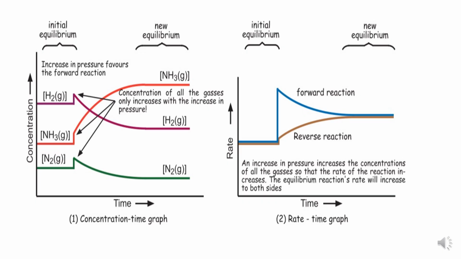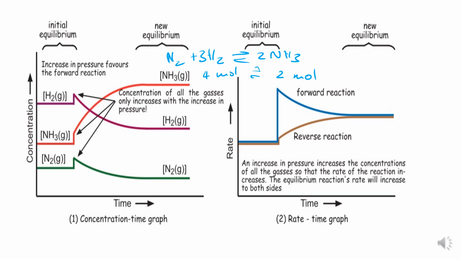If you remember there, we had N2, 3H2, and then we had 2NH3. There are 4 gaseous moles on the left, and there are 2 gaseous moles on the right. So it means the forward reaction produces 2 gaseous moles, the reverse reaction produces 4 gaseous moles.